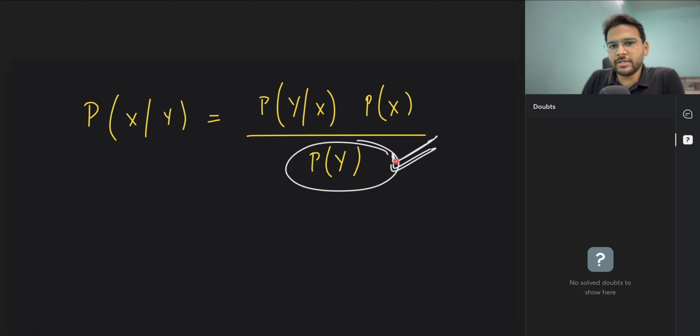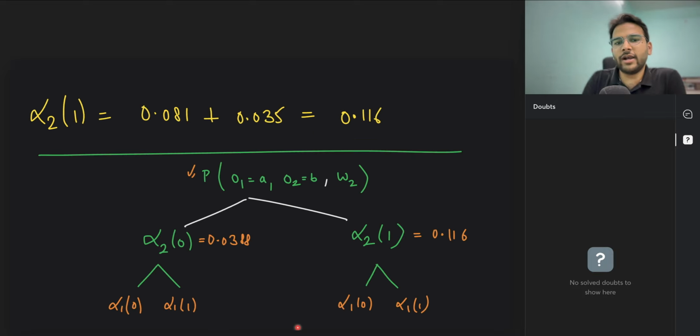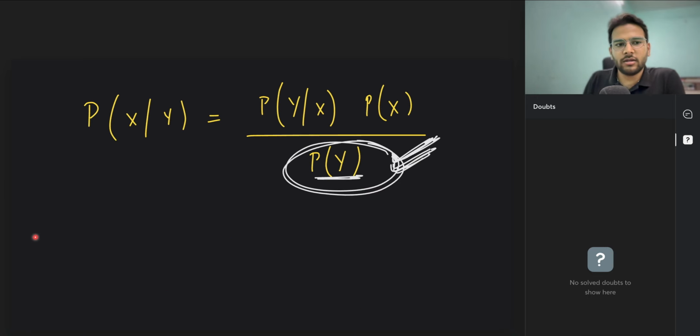So we basically remove this, but in order to remove this, you have to normalize it. So how can you normalize this? If you divide it by this, because this is going to be same for every value of x, so whatever values we are getting here, if you divide it, now for the final step, that is normalize.